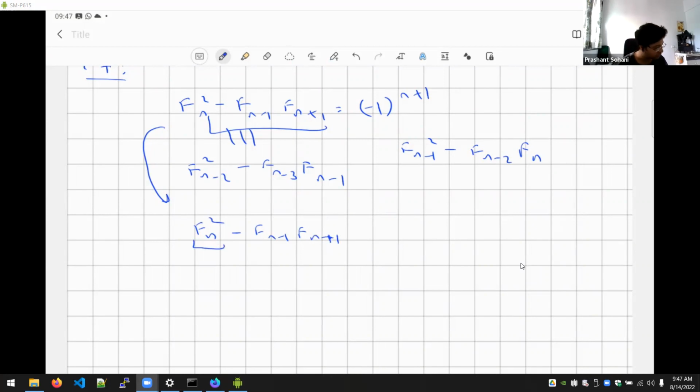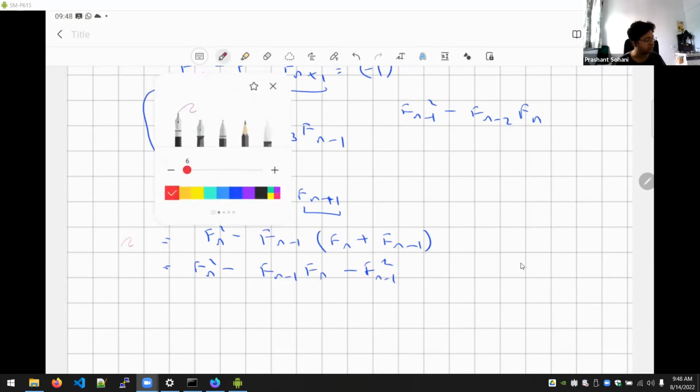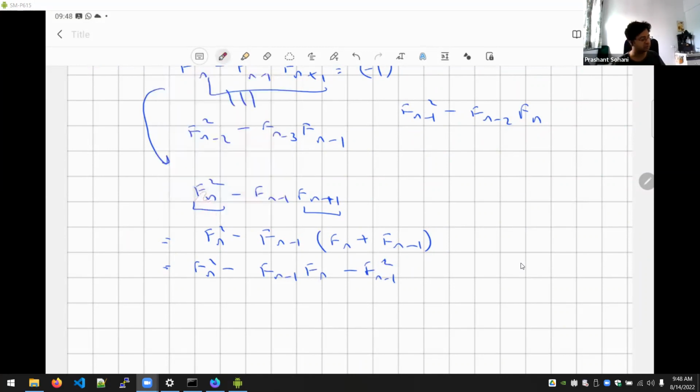But I think what they did is, what if we started expanding this term first? Okay, so we'll get Fn square minus Fn minus 1. So what you get here is, you see how nicely it is being arranged for the alternation, that while trying to find a value of Fn square, you have got a minus Fn minus 1 square, which was the induction hypothesis with normal induction.